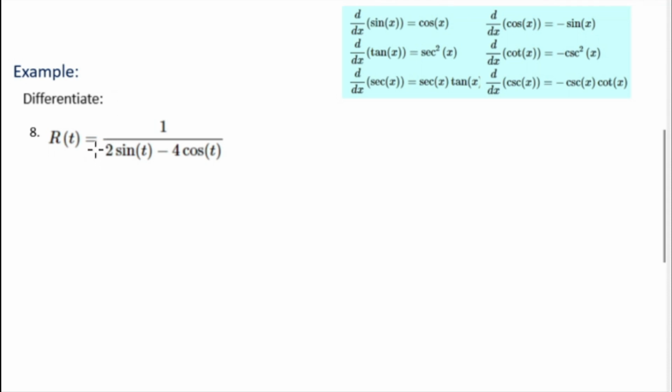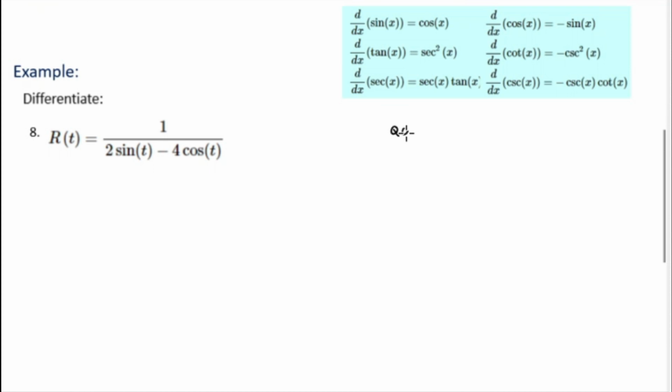Example number 8. R of t is equal to 1 over 2 sine t minus 4 cosine t. Based on the function given, we will be using the quotient rule.